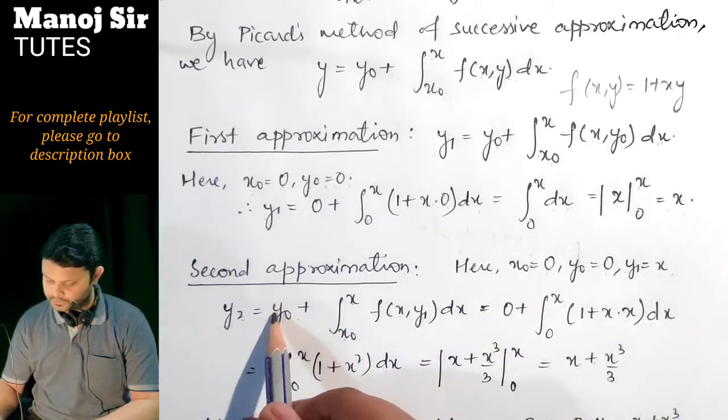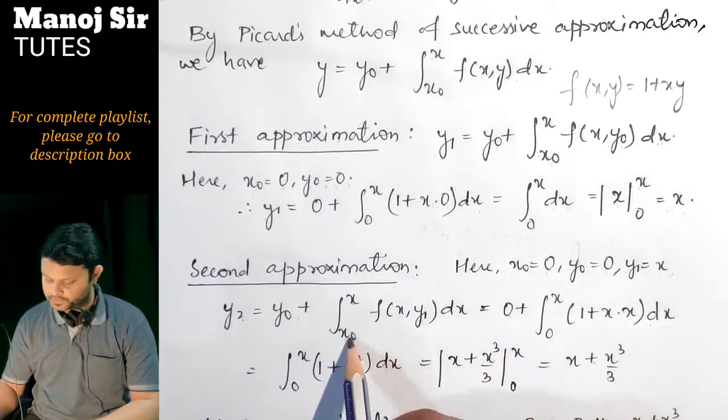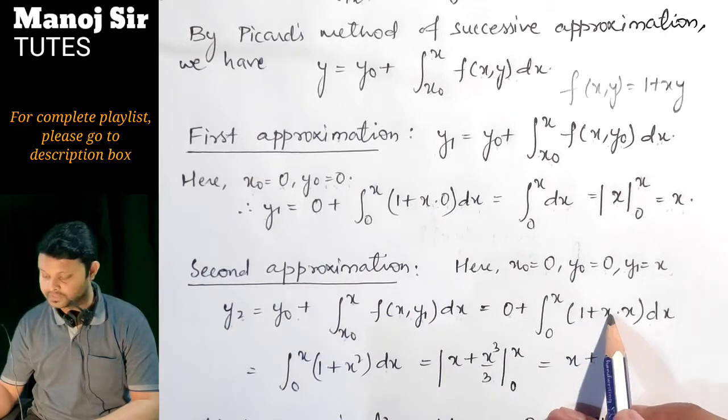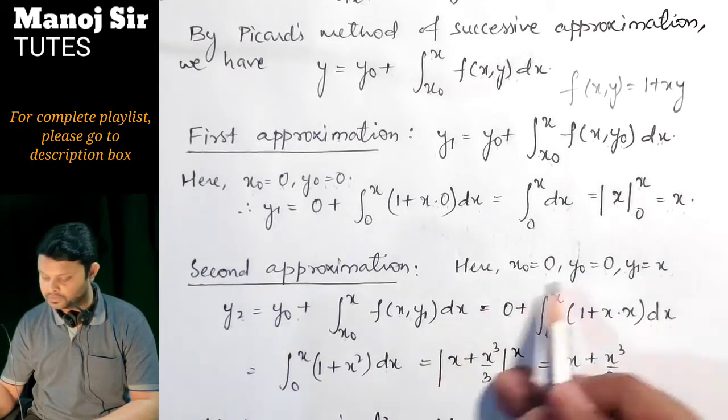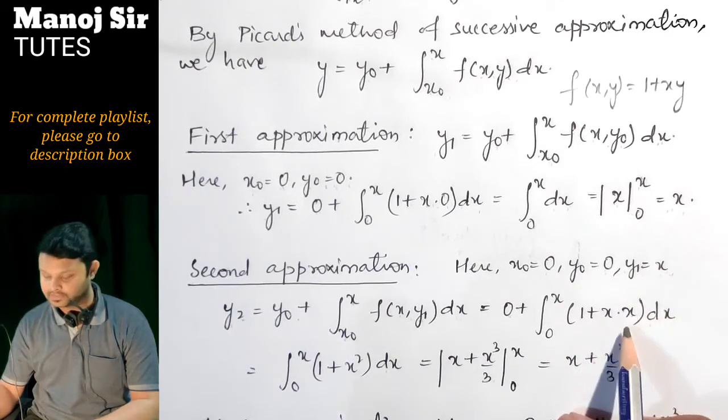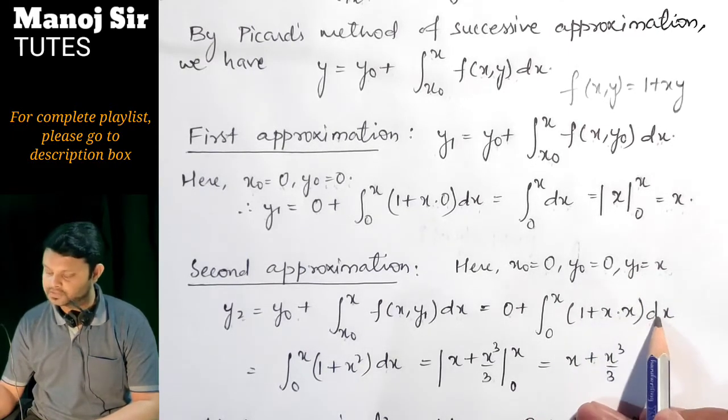So y2 equals 0 plus the integral from 0 to x of 1 plus x into y. The value of y is x, since we put y1, that is y1 equals x. So 1 plus x into x dx.